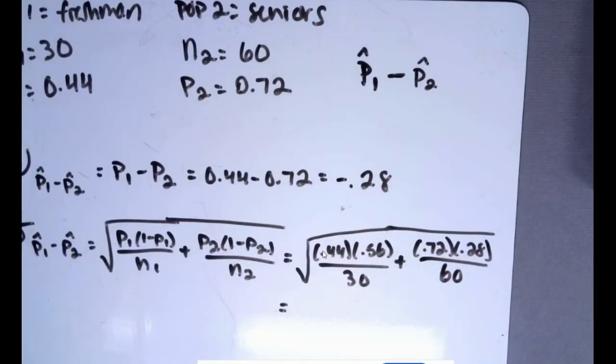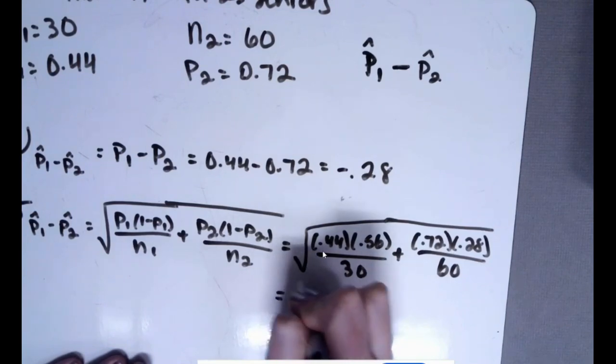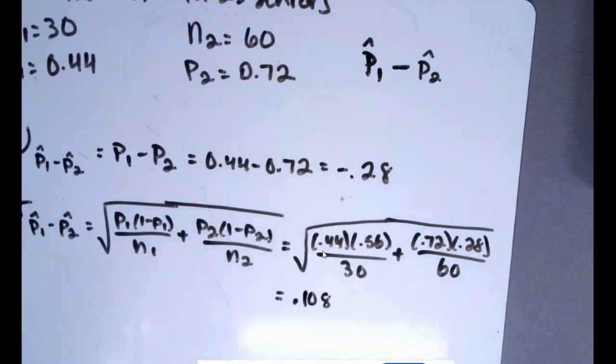Be really careful as you're typing these calculations into your calculator. I definitely recommend doing the square root on its own as a last step. So I'm getting 0.108 as my standard deviation of the difference between those proportions.